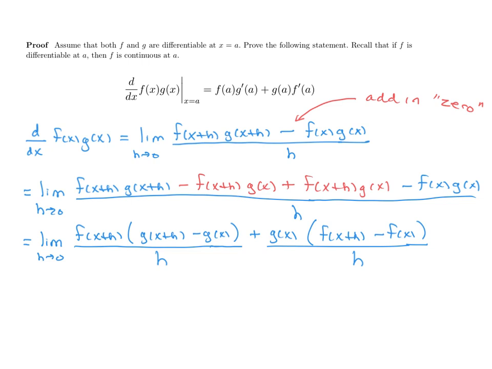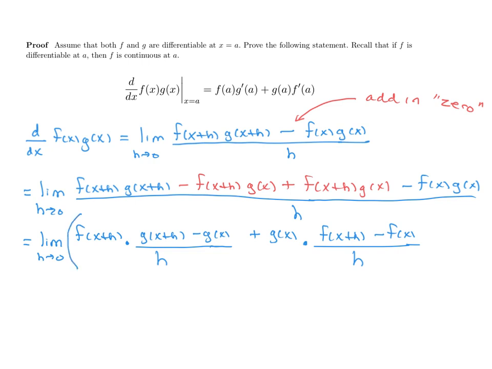And furthermore, just to make this look a little bit nicer, I'm going to just consider it like this. This is f of x plus h times this part. And over here, again, I could put this in its own fraction and just divide the h into here. So just so it looks a little neater, I'm going to erase this and put it like this.